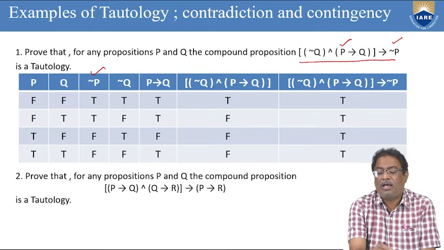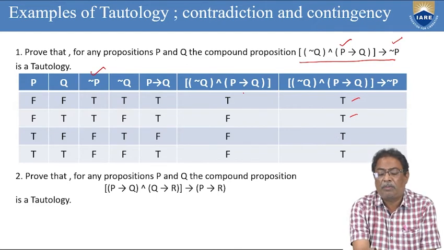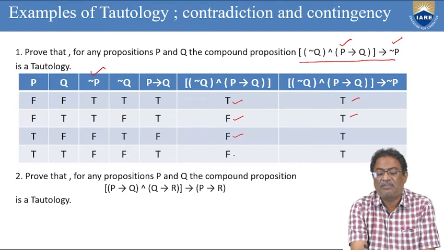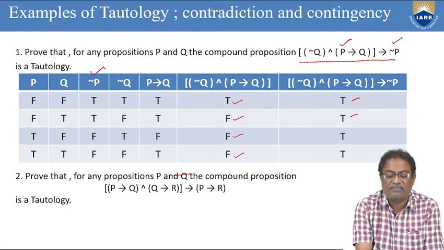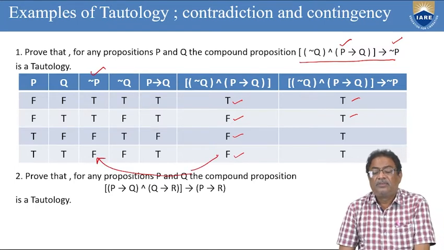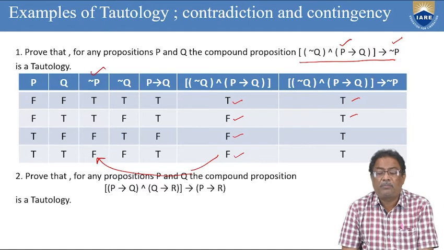So now in all the possible cases, we are going to get all true. See here, the first one is the compound proposition. This is true, this is false, and this is false. And the negation P, if I apply this, true, it will become true.